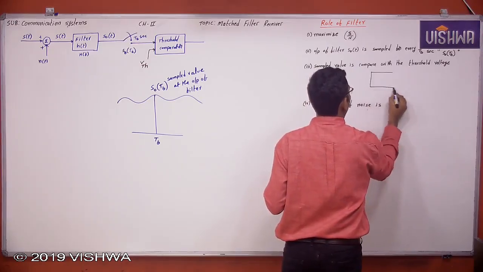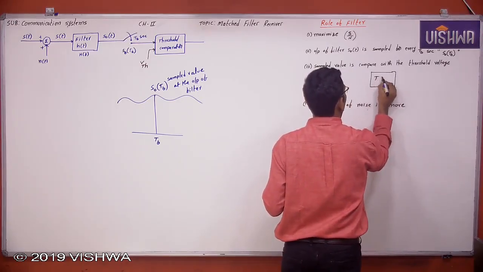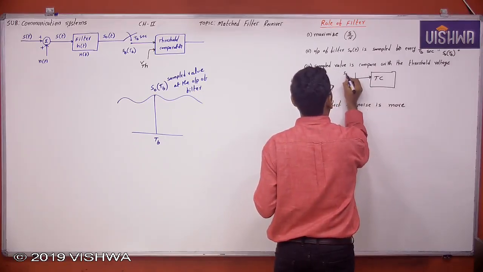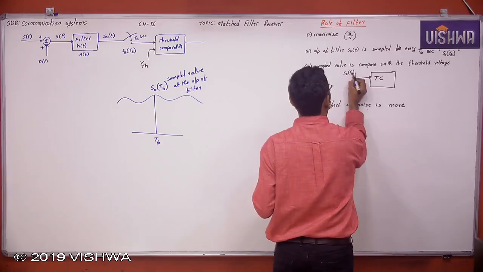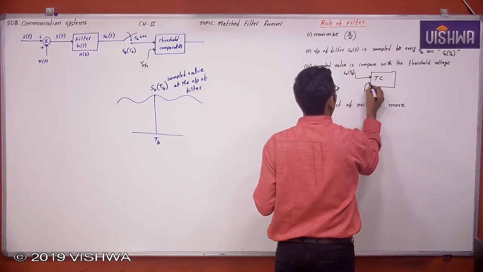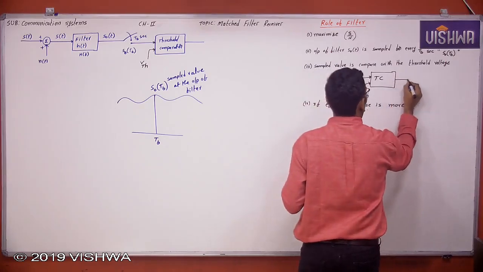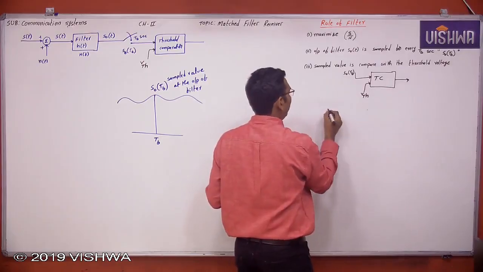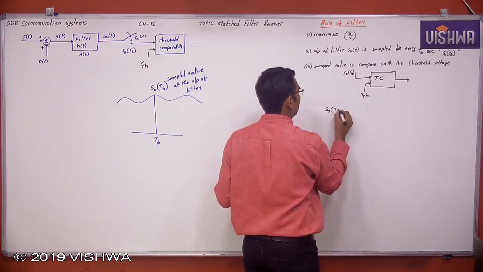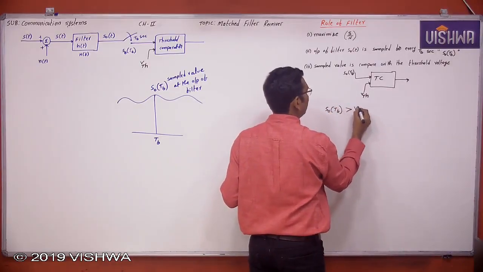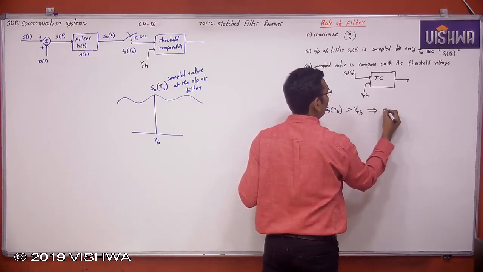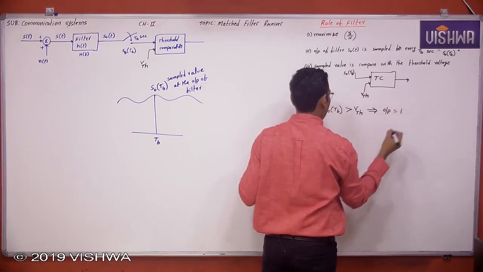Let us take an example. Now this is the threshold comparator. This is S0 of TB, and this is the threshold voltage. If this sample value is greater than the threshold voltage, the output of the threshold comparator is treated as binary 1.